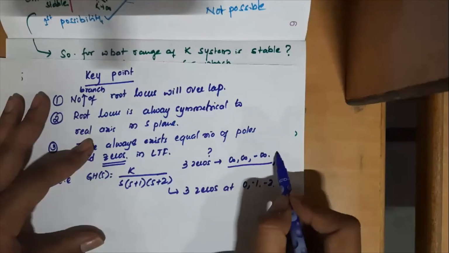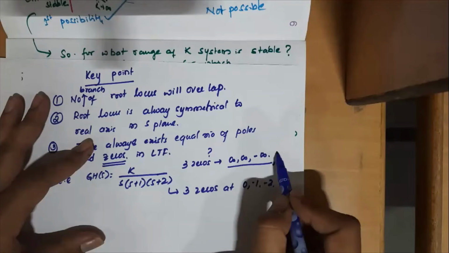Because we say that our branches of root locus are ending at infinity, which even I don't know and you also don't know. But we just say they are ending at infinity. That's why we say there exists equal number of poles and zeros.